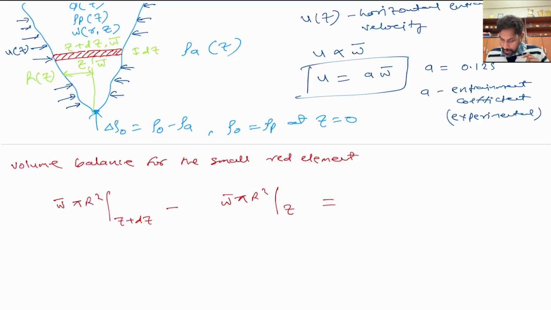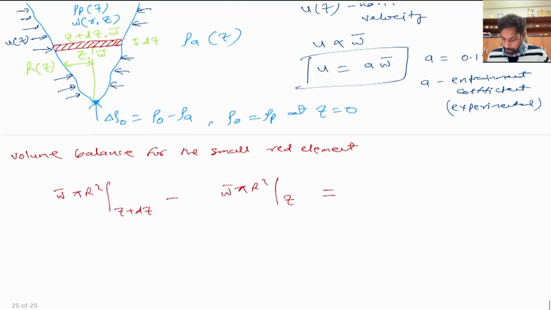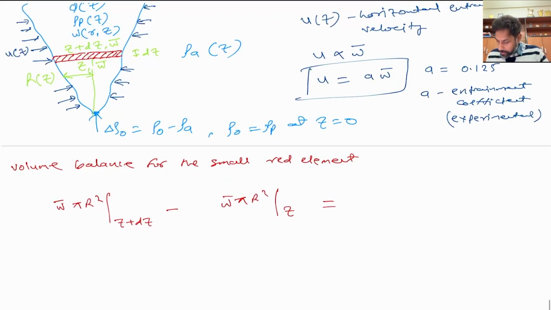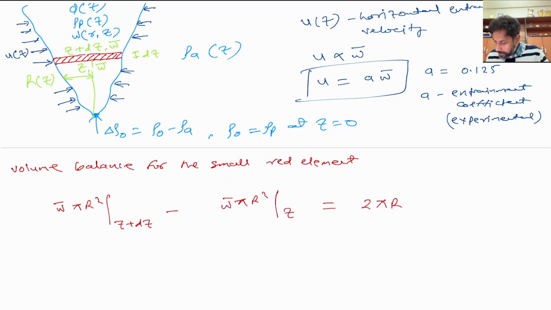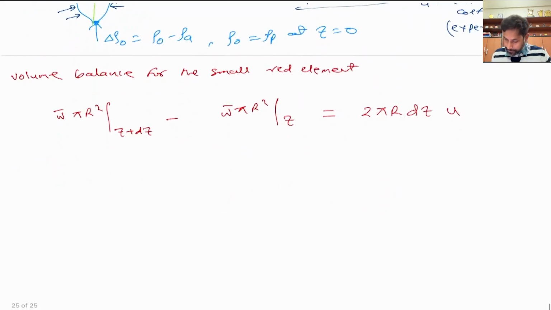That change in volume must be equal to the volume of ambient fluid that has come into the plume, and that must be equal to 2 pi r, the circumference, times dz, that is the area, multiplied by u. That is the horizontal velocity with which the ambient fluid is coming into the plume, and that is the rate of change of the plume volume flux.